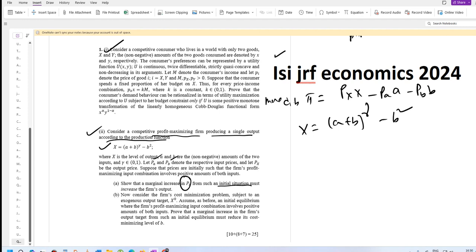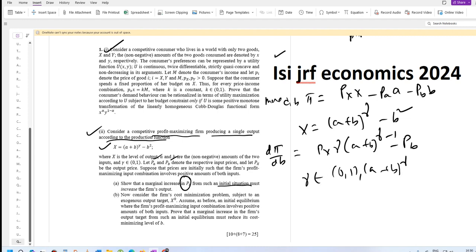Taking the derivative of the profit function with respect to b, d pi by db is px times gamma (a plus b) to the power gamma minus 1 minus pb, given that gamma belongs to (0, 1).